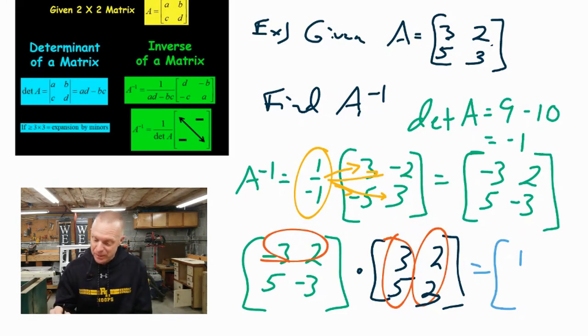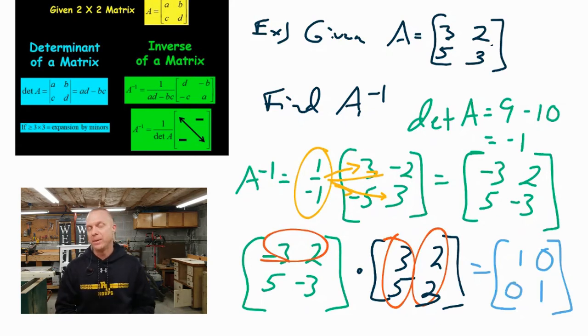So that comes out to be 0. And if you run through the last row, you find out that once again you get the identity. Remember, the identity is a matrix that has 1s in the main diagonal and then 0s everywhere else.